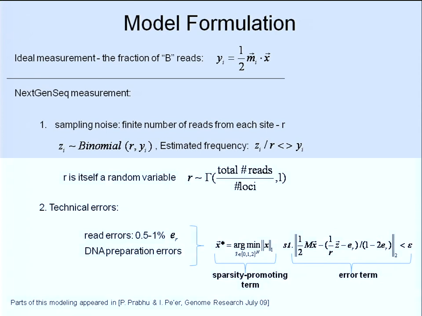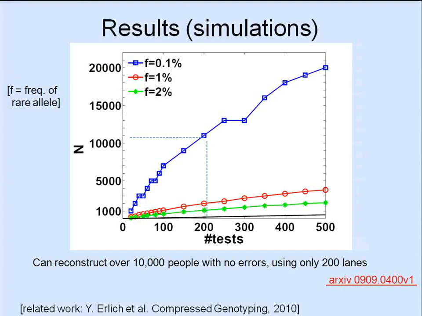So we need to find the solution, trying to find the genotypes, while we also keep the error low. So this is the optimization problem. And how do we measure how much we save in terms of cost?